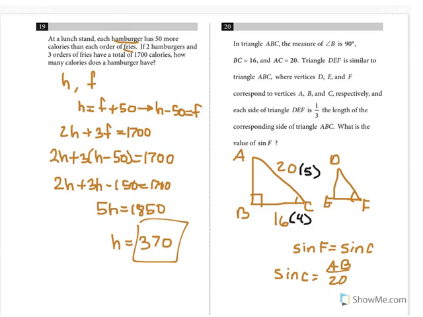Which means AB is going to be 4 times as much as 3, so 12. So sine C equals 12 over 20, which simplifies to 3/5. And that is also going to be the sine of angle F, as I said earlier. So 3/5 or 0.6.